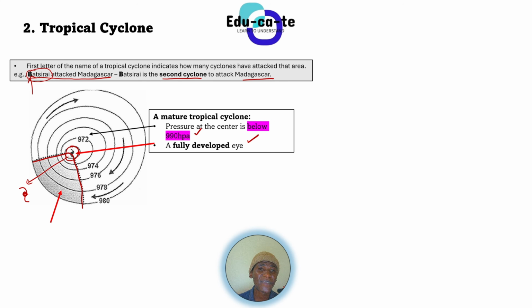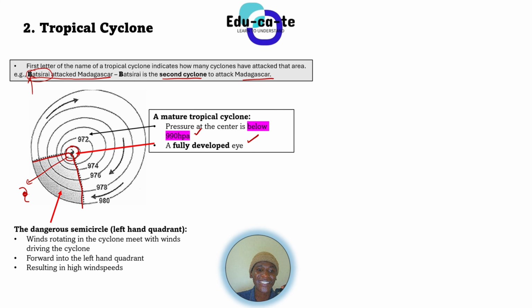To explain its formation, it is known as the dangerous semicircle or the left-hand quadrant. It is formed by winds that are rotating in the cyclone, which meet the winds that are driving the cyclone forward into the left-hand quadrant, and this results in high wind speeds.